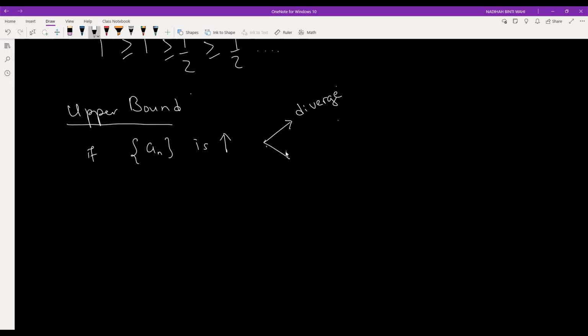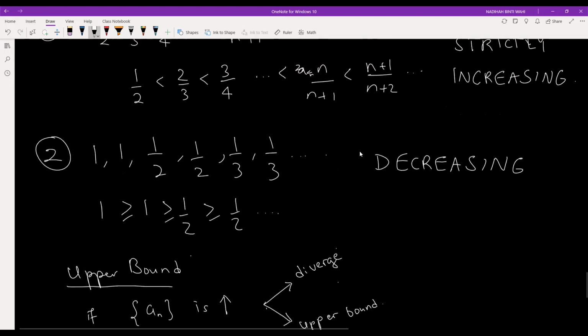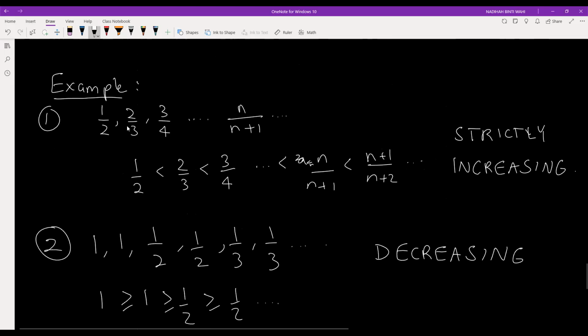One is you can have an upper bound. Like before, in example number 1, this is n over n plus 1. This is strictly increasing. But if you take the limit, it actually goes to one single value.